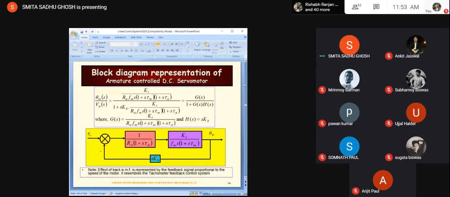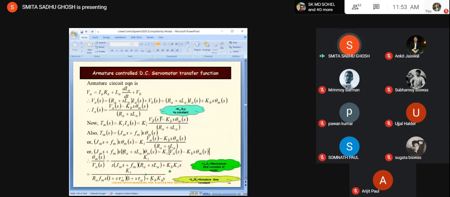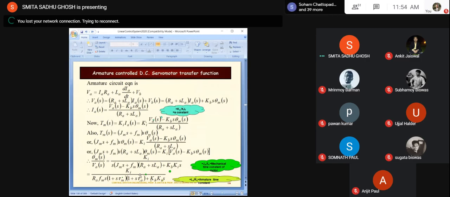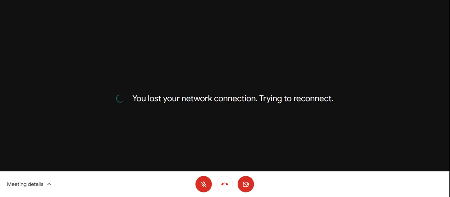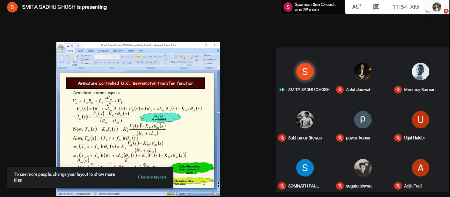If you look at this transfer function over here, or for that matter the next one, we find that there is an additional damping which is introduced due to the back EMF.